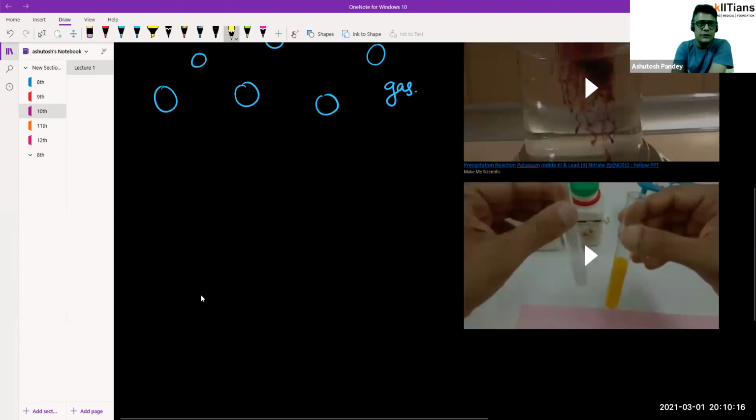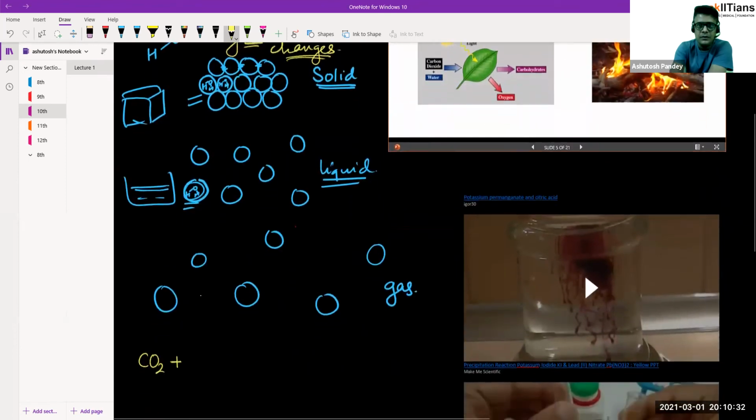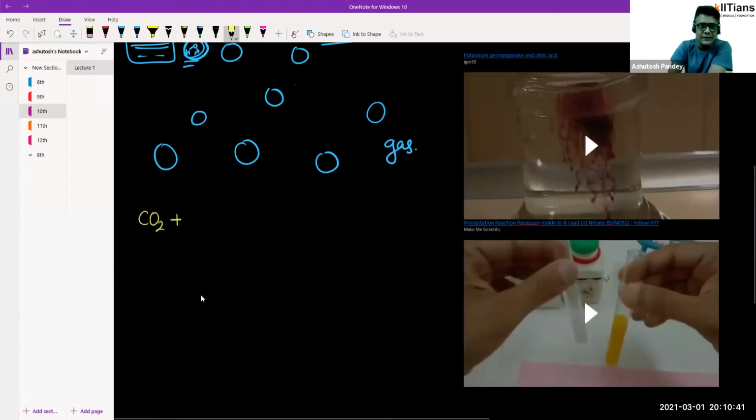We have CO2 plus water in the presence of sunlight. So we can write it as CO2 plus H2O.